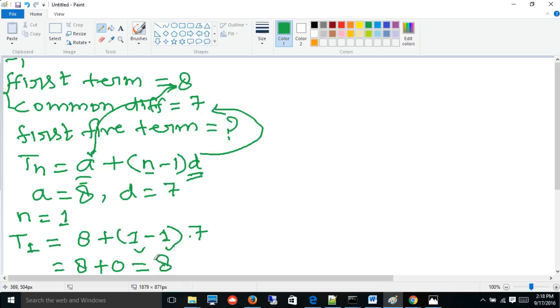So here it is 8. We got the value of t1 equal to 8, which is the first term of the AP.